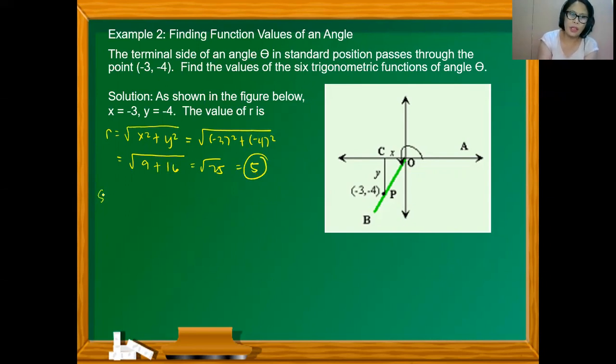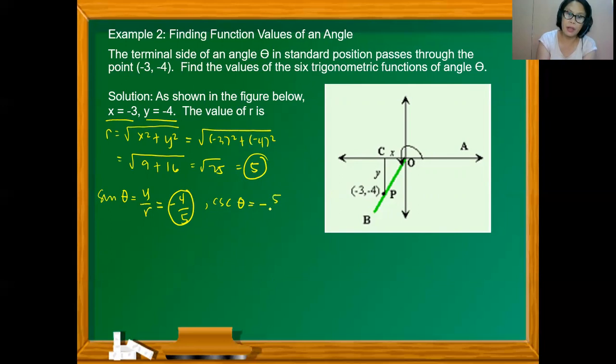So sine theta is y over r. So here x is -3, y is -4. So it's -4 all over 5. So -4/5. While its reciprocal function cosecant theta is just the reciprocal of sine theta.